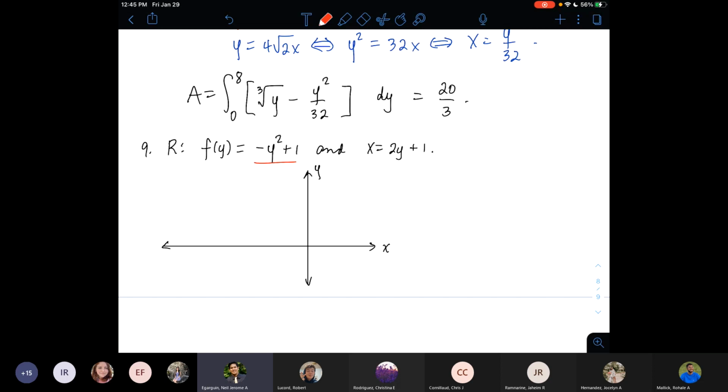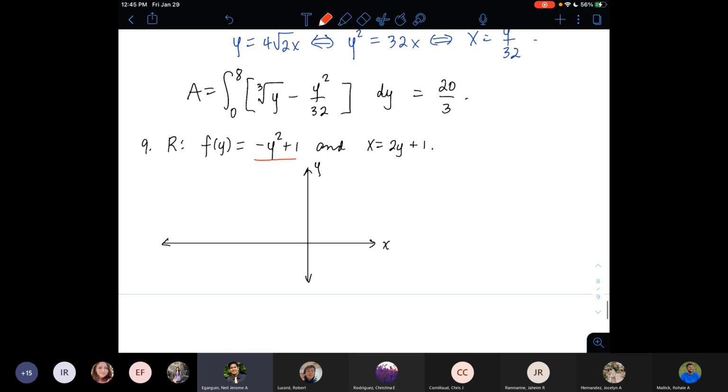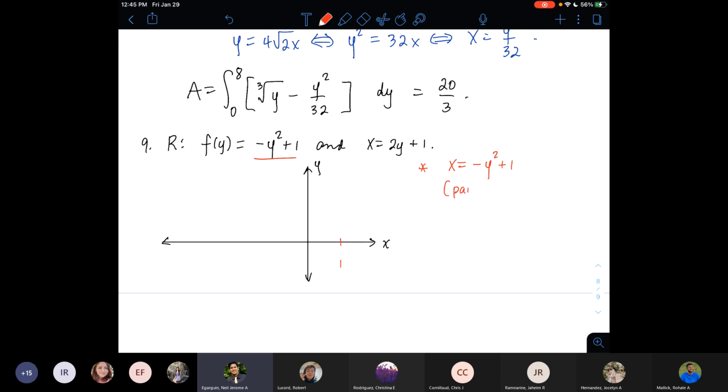When y is equal to 0, x will be 1. So I have x equals negative y squared plus 1. That's the first function. This is a parabola opening to the left. Actually, it's not technically a function of y, but a relation in y.